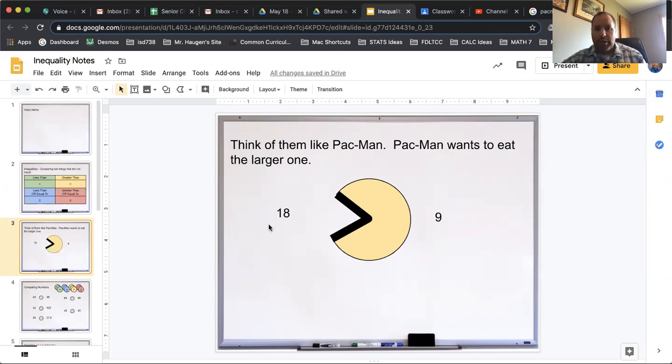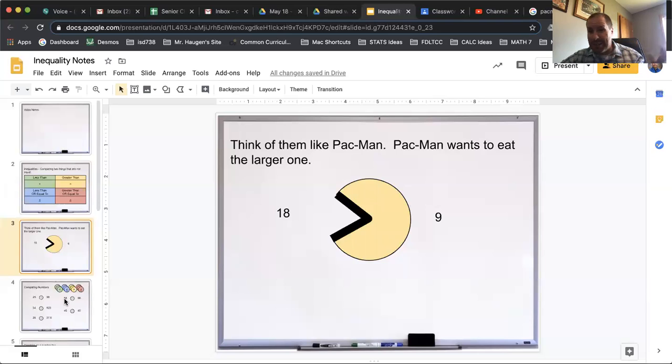It wants to eat the larger one, or in other words, it might want to point at the smaller number. So that's how we would know what direction to place something. I don't have to remember if it's greater than or less than, or what type of symbol to use. I just have to remember to point the larger side at the larger number, the smaller side at the smaller number.